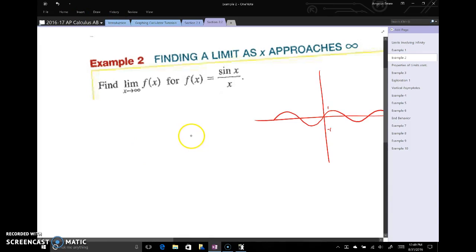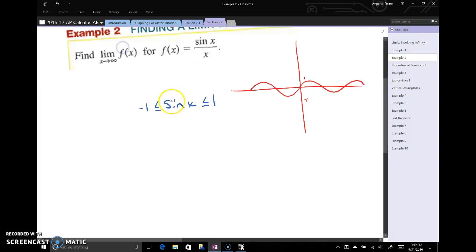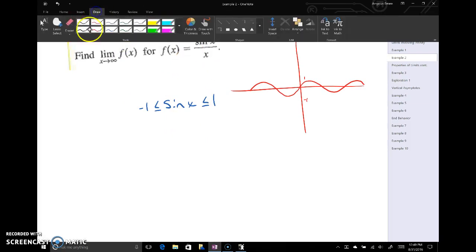So like we were just saying, sine of x has a range where it's basically always between 1 and -1. It can't ever extend past that. That's its range. Now, if we wanted to instead make this inequality look like the function we were given, we could multiply everything by 1 over x.